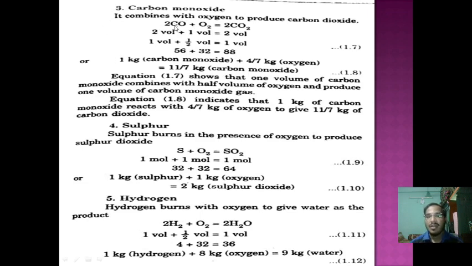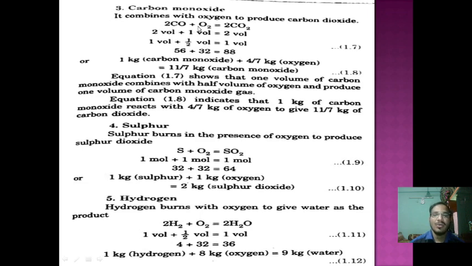Here we are using 2 carbon monoxide plus oxygen giving rise to 2 carbon dioxide. Okay, here for the 2 carbon monoxide we can say the volume, or we can say the moles, how much the quantity is 2.